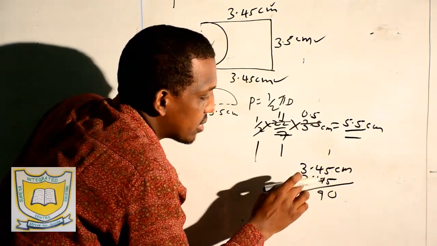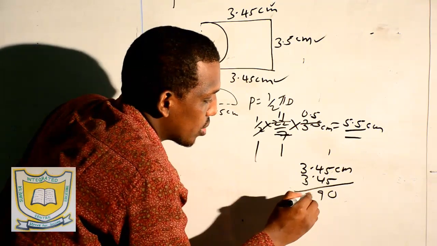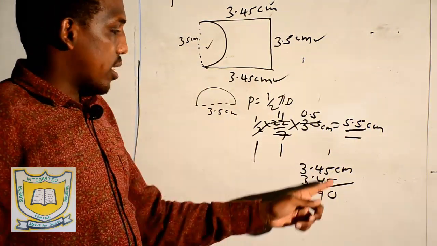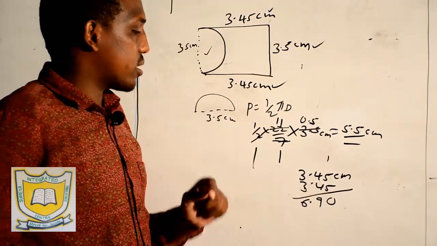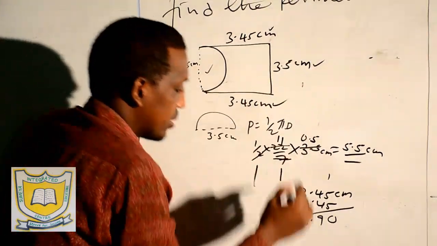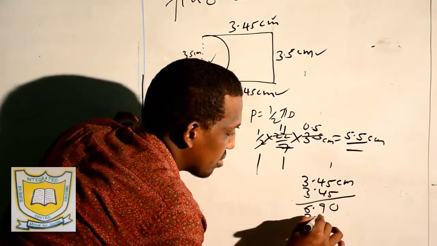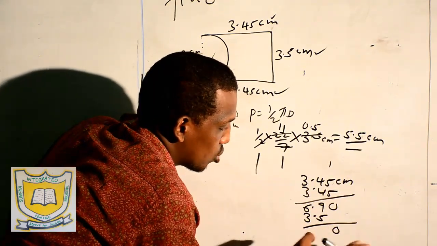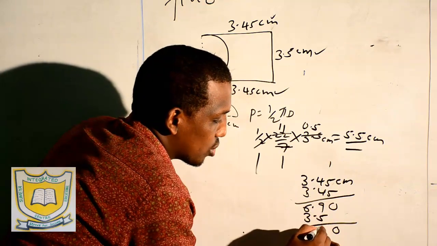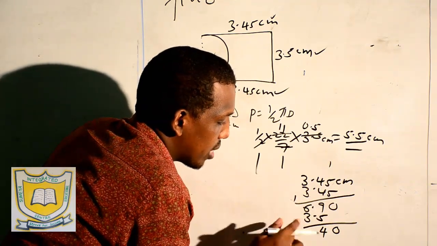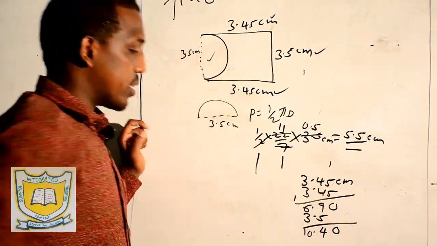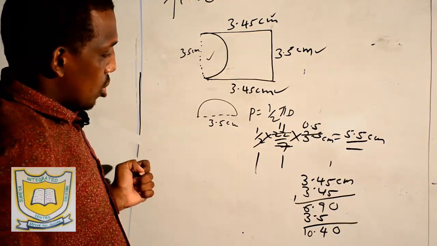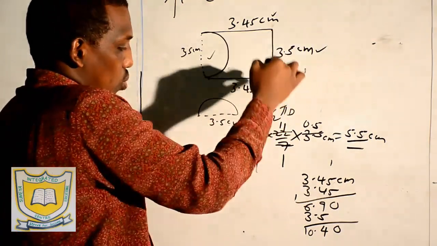Here is 3 plus 3, 6. So you get 6.9, plus 3.5 plus 3.5. You add 0, 0 is no problem, you can even leave it. 14, 4 carry 1, 9 plus 1 is 10. So you get 10.4.